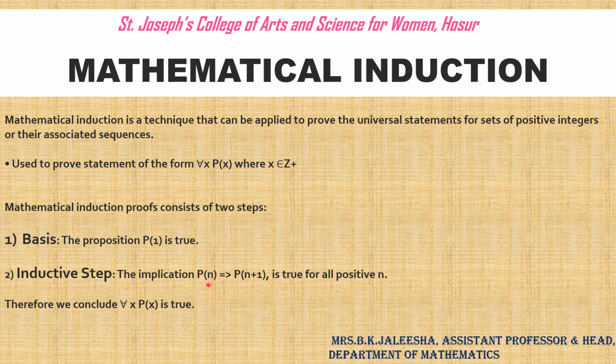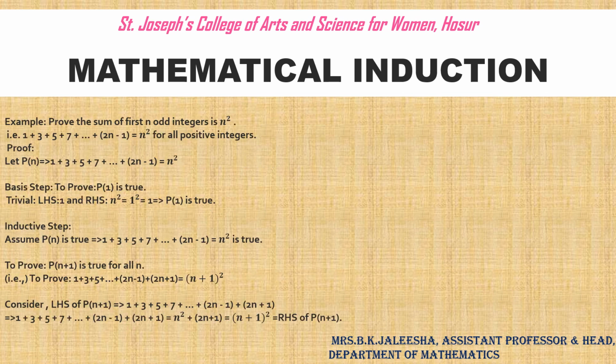Next, we assume that for the nth value the given statement is true, and we need to prove that if we substitute x as n plus 1, then also the given statement will be true. If so, finally we can say for all the values of x, the given statement P of x will be true.